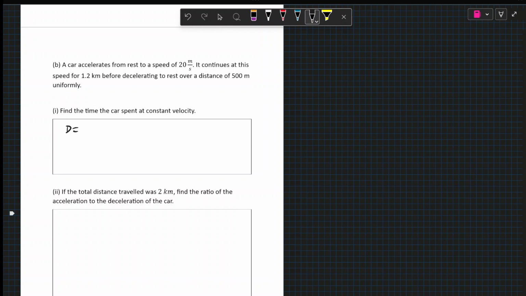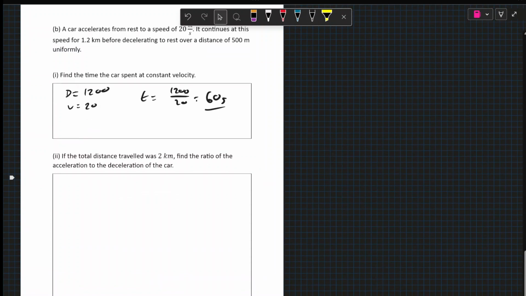So the distance is 1,200, and the speed is 20. So time is distance over speed, which is 60 seconds. If the total distance traveled is 2 kilometers, find the ratio of the acceleration to the deceleration.